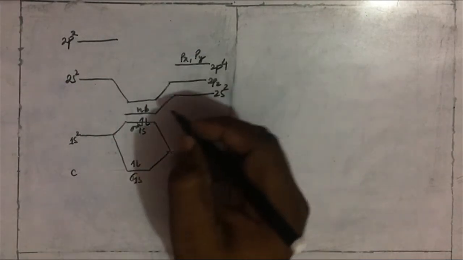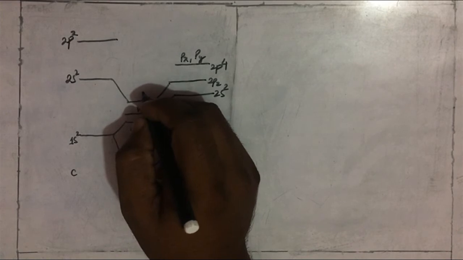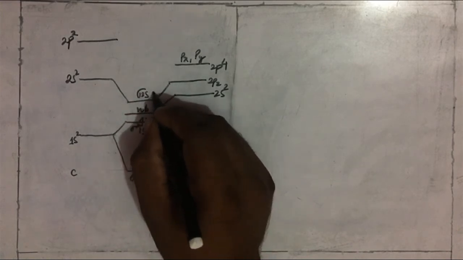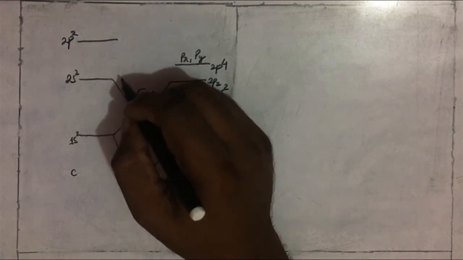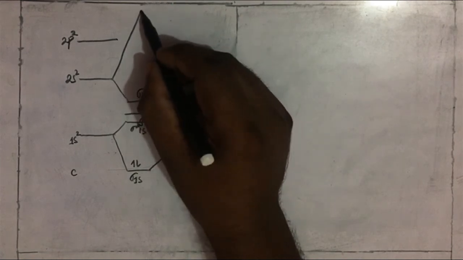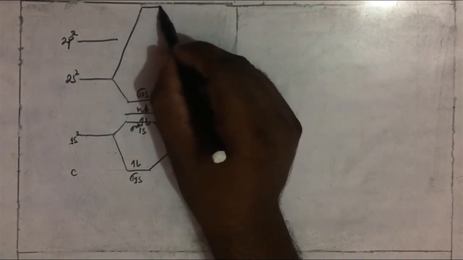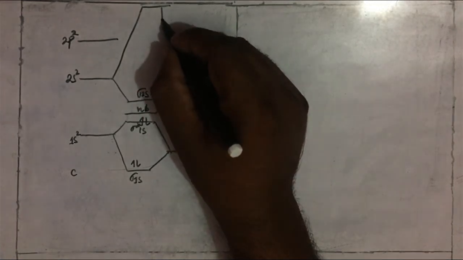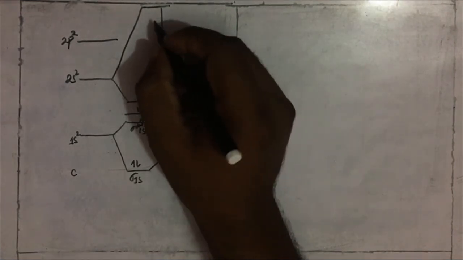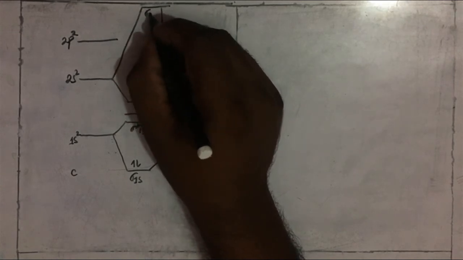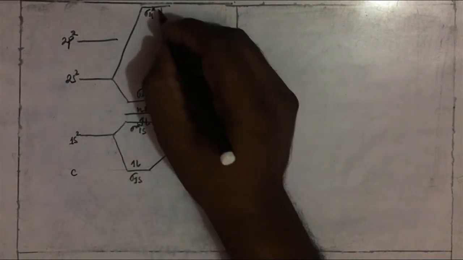So this is bonding sigma 2s sharing of electrons, and here goes the anti-bonding, like this. This is anti-bonding sigma star 4. Okay.